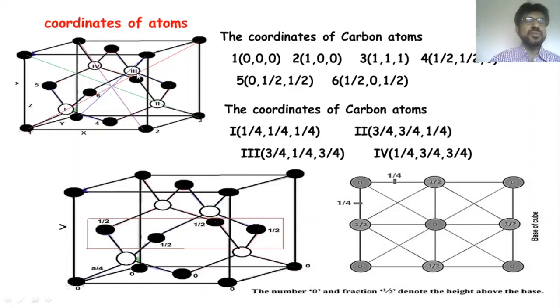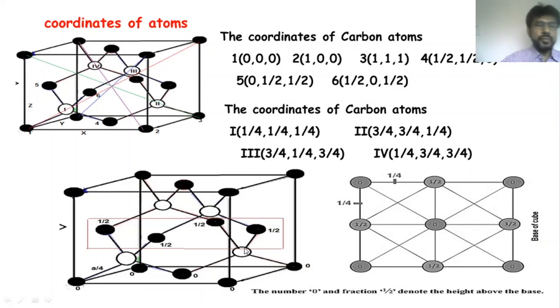But the atoms which are present on the body diagonals and near to the back side of the corner, its distance from the front side will be equal to 3/4. So in this way we can write the coordinates of the first, second, third and the fourth atoms.